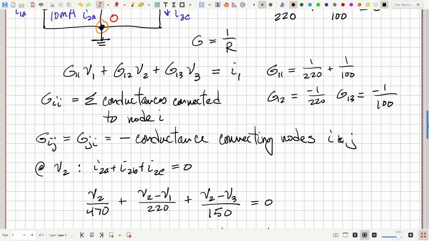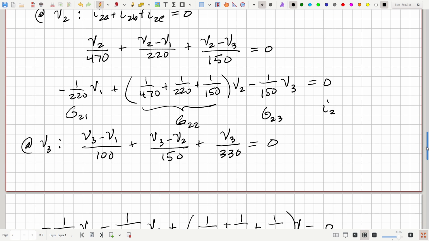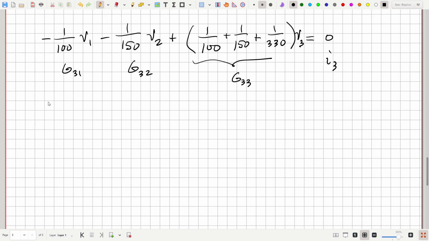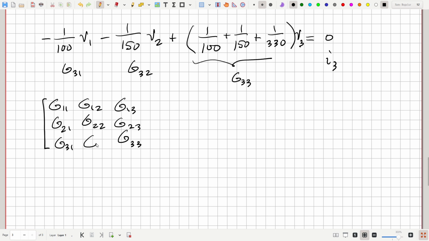Okay. So now we stack everything into a matrix form, G11, G22, G33, G12, G13, G21, G23, G31, G32.